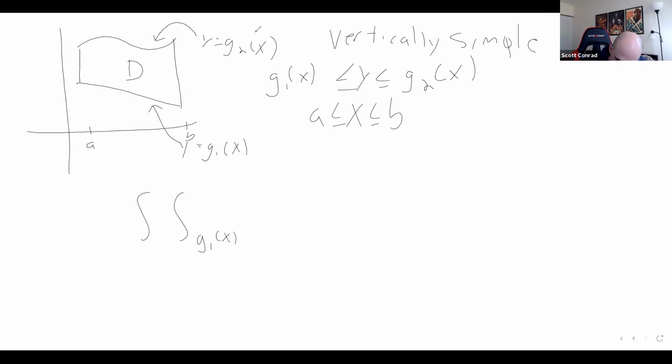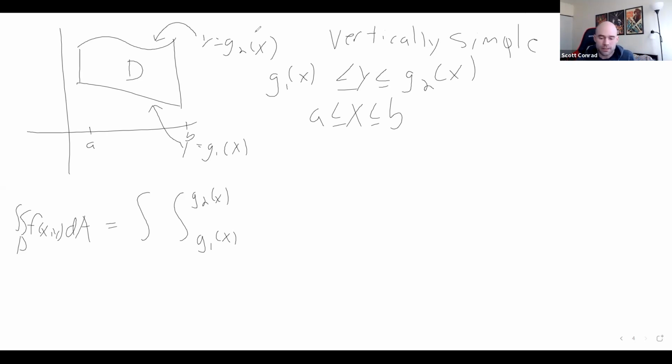So y goes from g1 of x up to g2 of x. Let me say, okay, so we're integrating some function of x and y over our region D, our vertically simple region D, with respect to area.